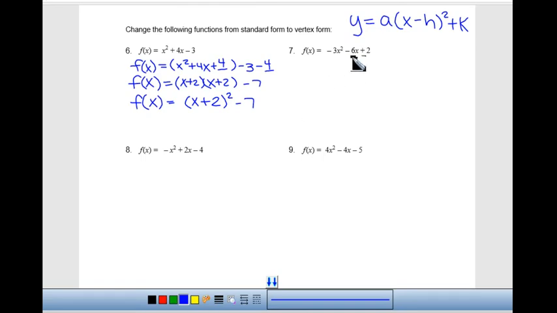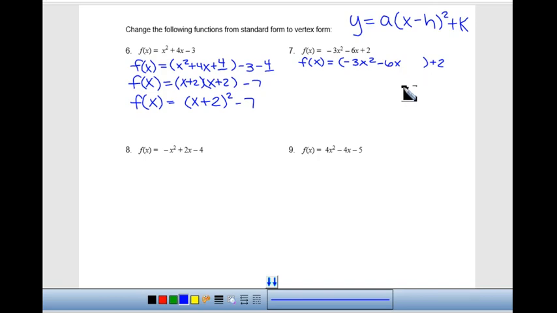In number 7, you'll notice the key difference is we have a lead coefficient. We're going to start the process exactly the same. We're going to put parentheses around both of our x terms, and we're going to bring the constant to the outside of the parentheses.